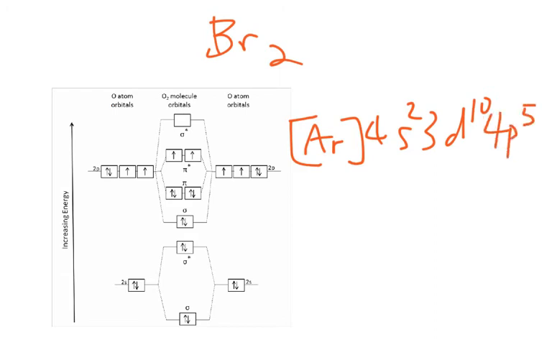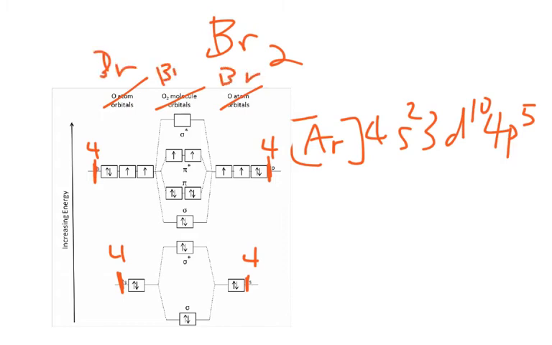So looking at that, I think I know how to draw my MO diagram. So these will not be 2p or 2s. Instead, they will be 4p and 4s. And let me do that for the other side. And instead of O's, we will have Brs on both sides. So we will be looking at the bromine molecule here.